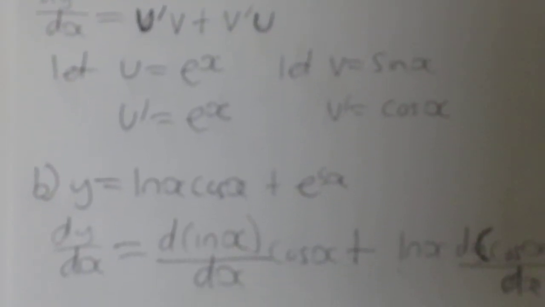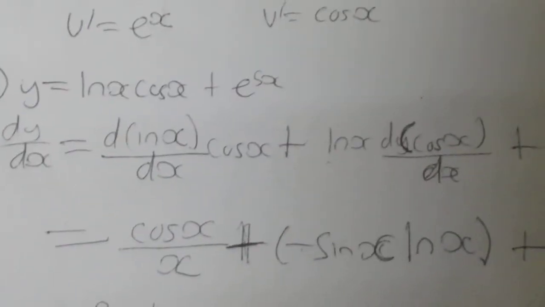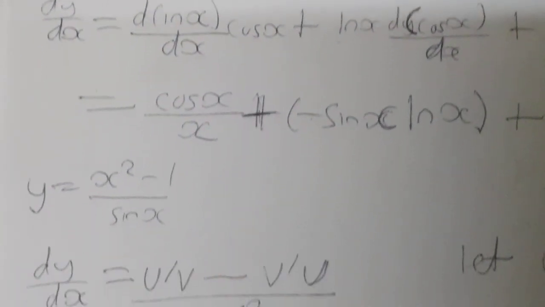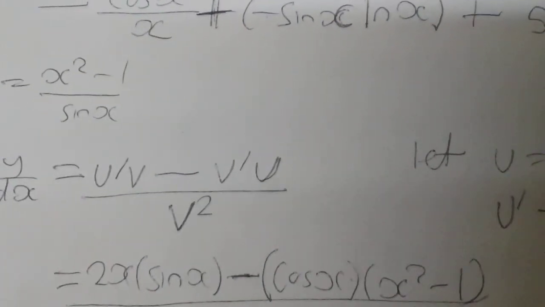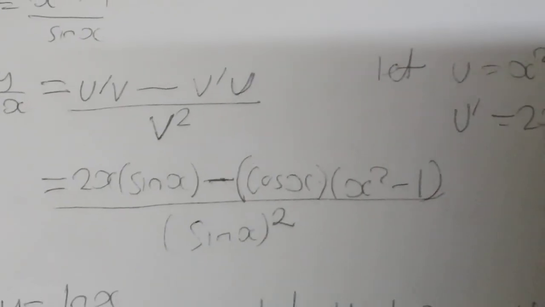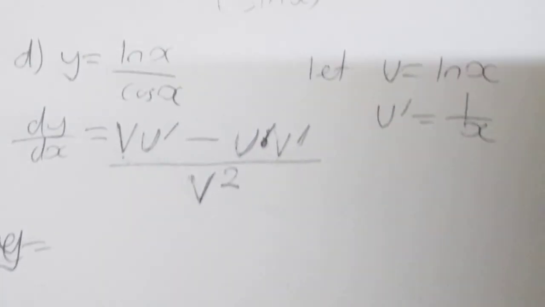Then for the quotient rule, the formula is dy over dx is equal to v multiplied by u prime minus u multiplied by v prime over v squared. As simple as that. So with these two formulas, when you just know the formulas, you can answer any questions. You don't just have to master an answer, you just have to know the formulas. That's all. So we are done with this part of the tutorial sheet. So we move on further.